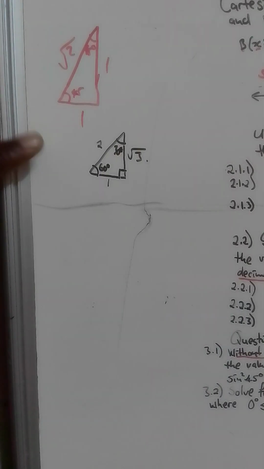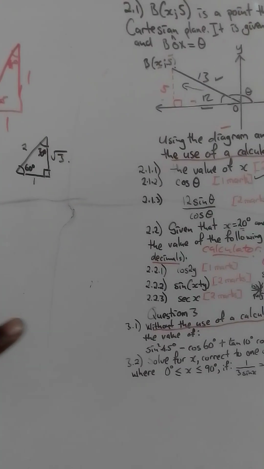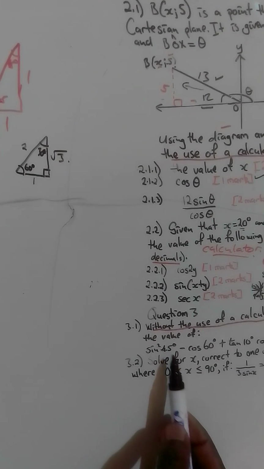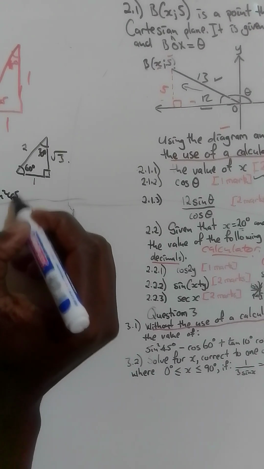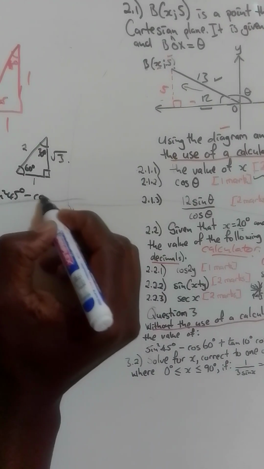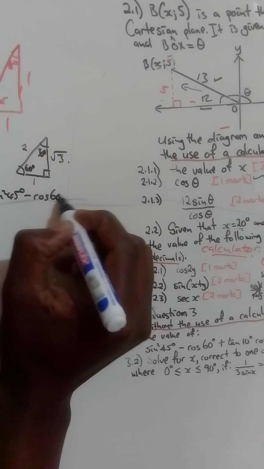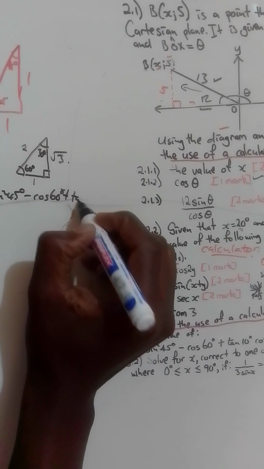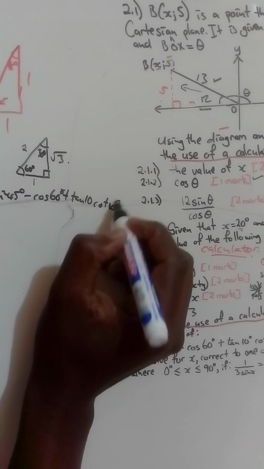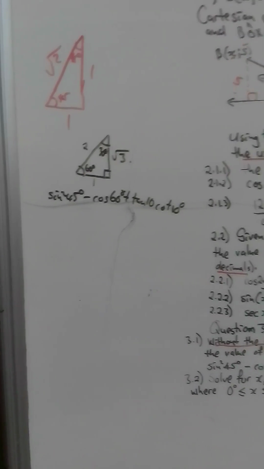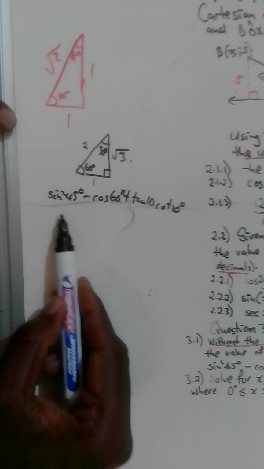So since our question said sin squared 45, let me write it here: sin squared 45 degrees minus cos 60 degrees plus tan 10 degrees and cot 10 degrees. There we go. Now we're going to be using this.